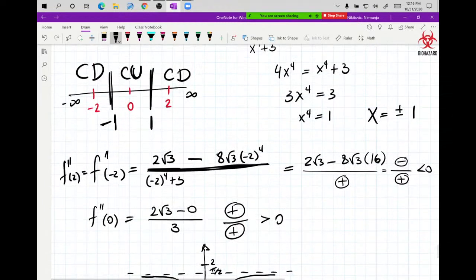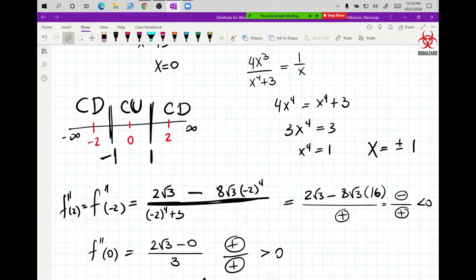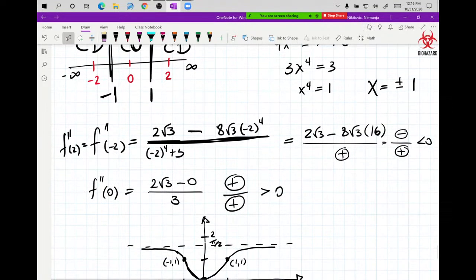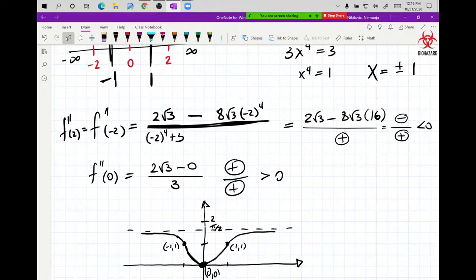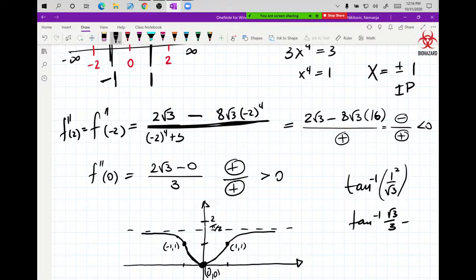Well, are they 1, 1? I didn't compute. That's a lie. What are those points? Inflection points, IPs. That's inverse tangent of 1 squared over root 3. That's inverse tangent of root 3 over 3, and that is pi over 6.